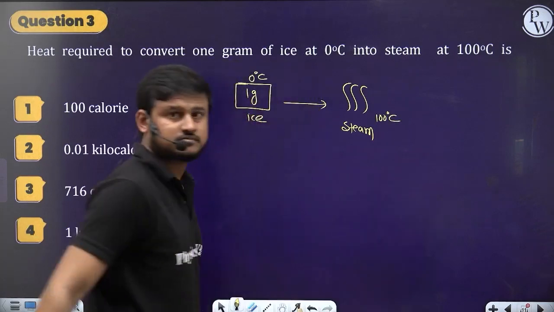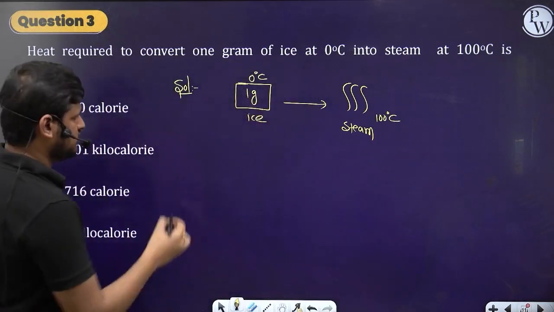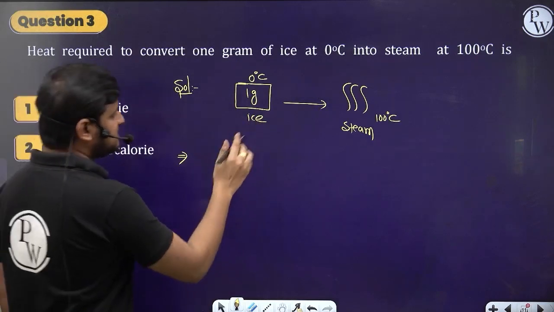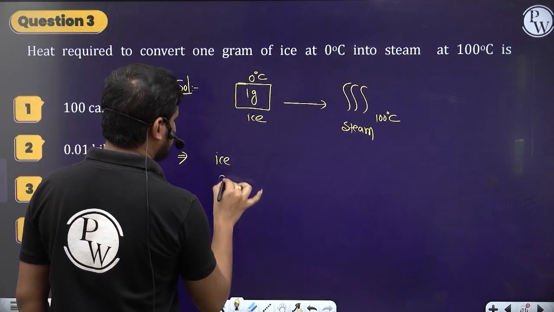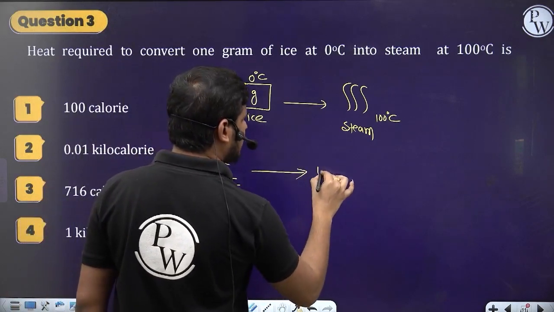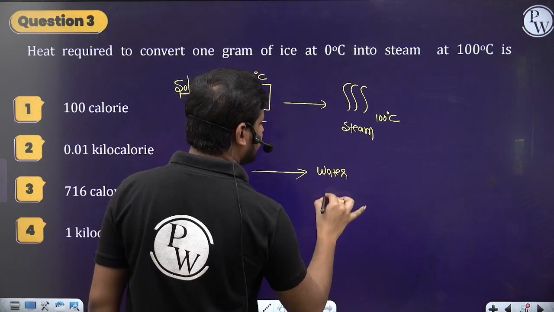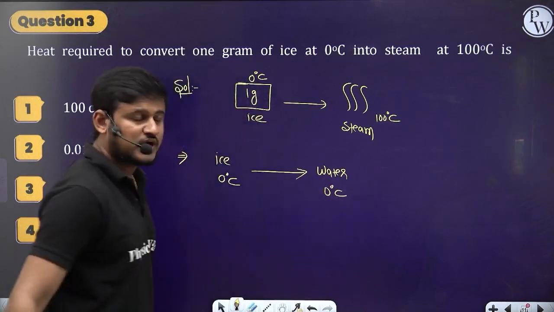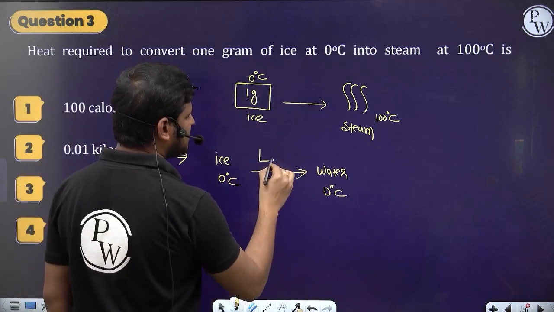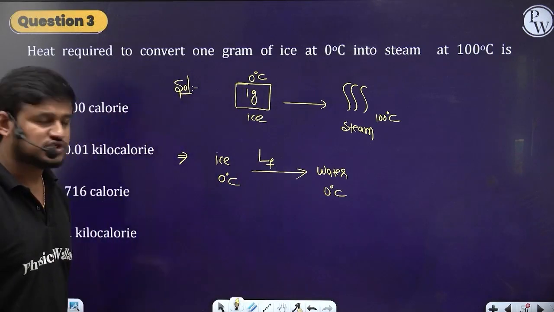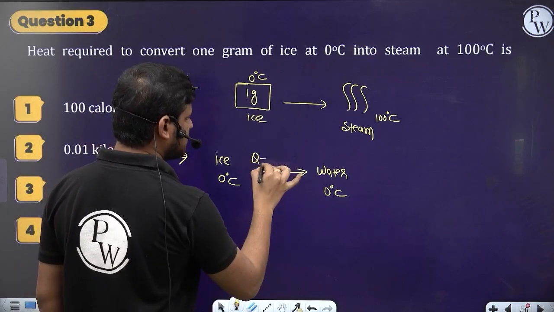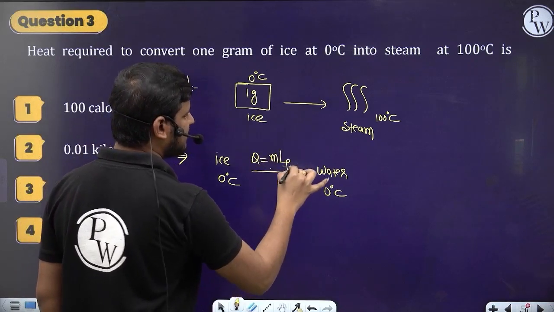That's it. Done? So now see, first ice which is at 0 degrees centigrade, upon supplying the heat it will become water at 0 degrees centigrade. And the heat that you supplied is the latent heat of fusion. Yes or no? So Q is equal to M into LF.